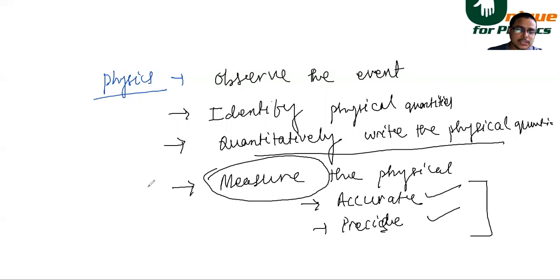Here we need to understand what physical quantities are, what the types are, and then see what the ways of measurement are and how we can obtain accurate and precise data.